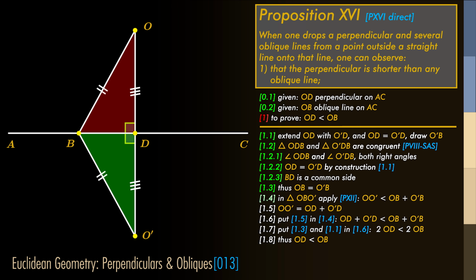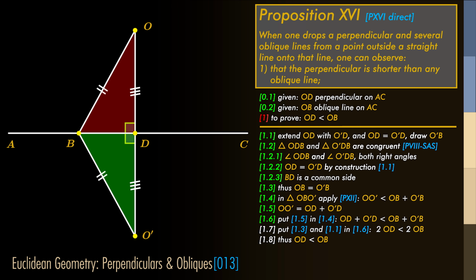In triangle OBO', we know that the side OO' is smaller than the sum of the two other sides. So OO' is smaller than OB plus O'B. And OO' is the sum of OD and O'D, so we have the inequality OD plus O'D is smaller than OB plus O'B.